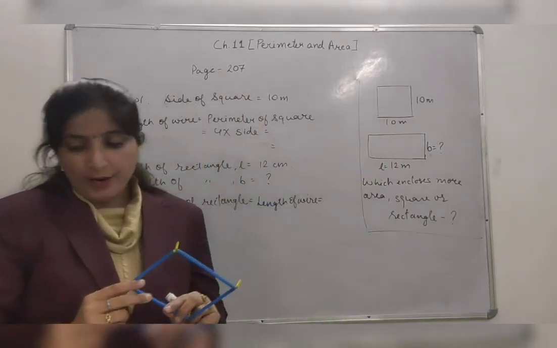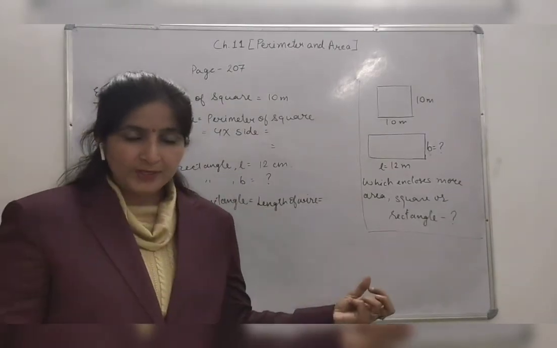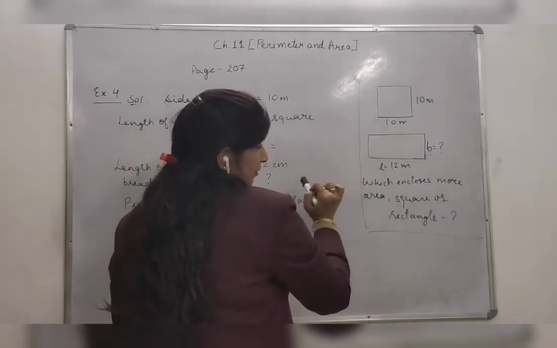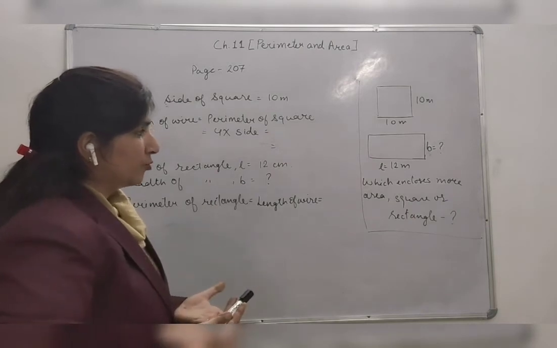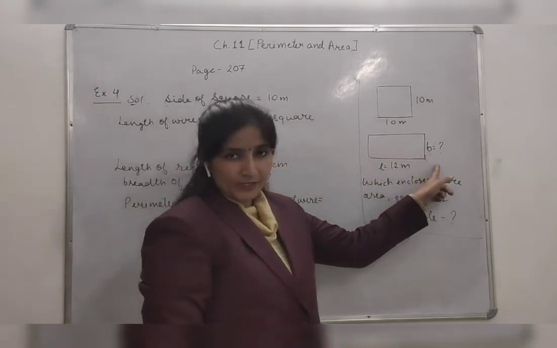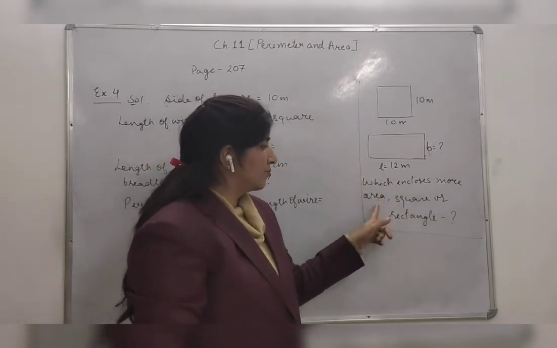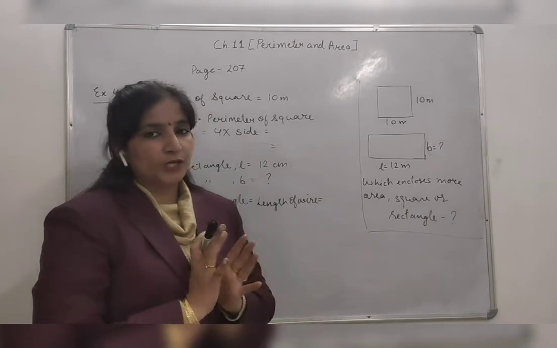Now this wire is rebent, means it is opened and then rebent to make a rectangle with length 12 meter and breadth we don't know. So what we need to do is find out the breadth of this rectangle. Second thing, we need to tell which encloses more area, square or rectangle.